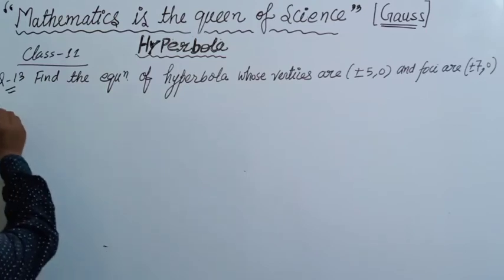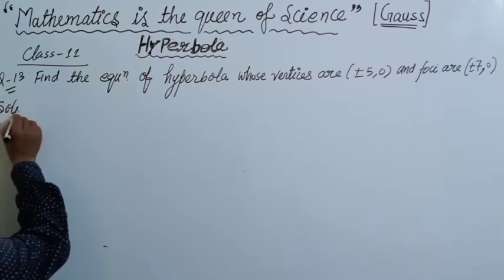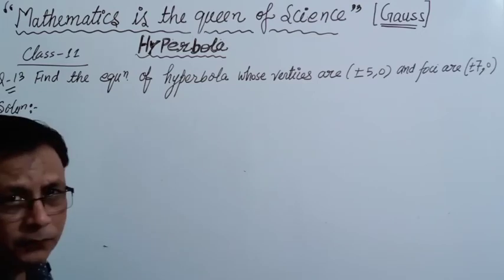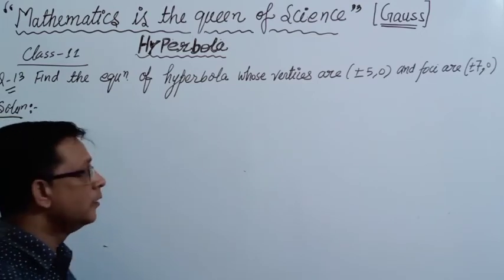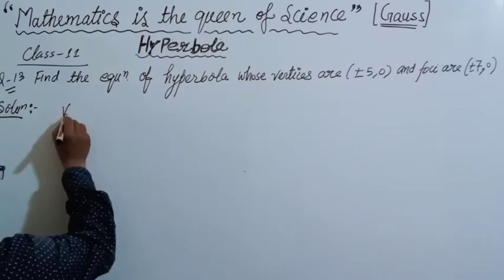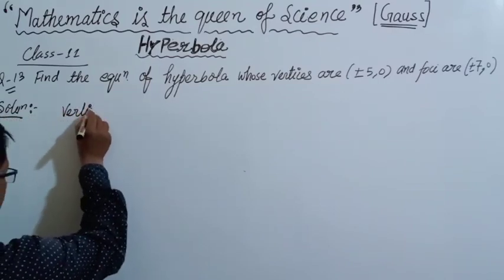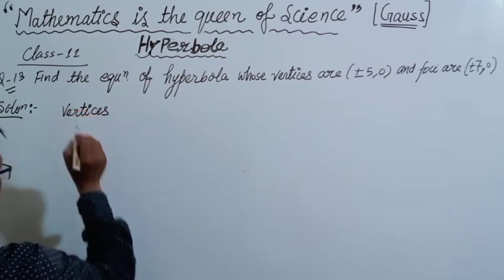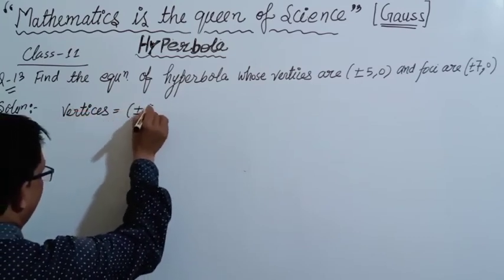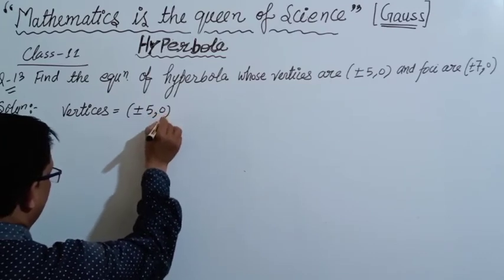Here is the solution. First we write what is given to us. We have vertices, and student, the vertices are plus minus 5 comma 0.